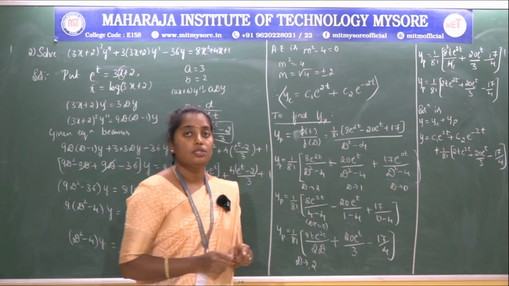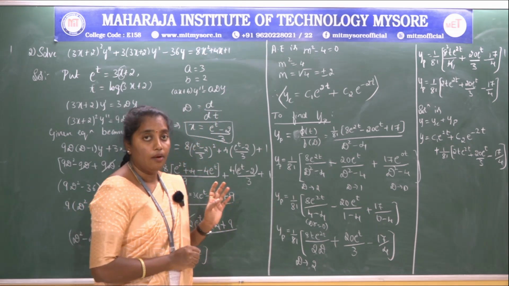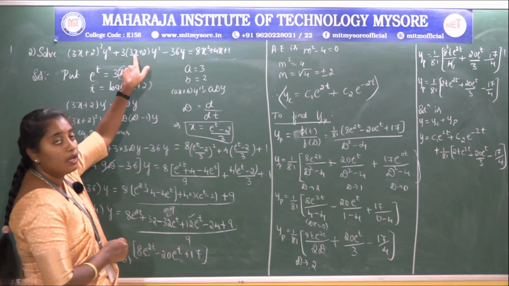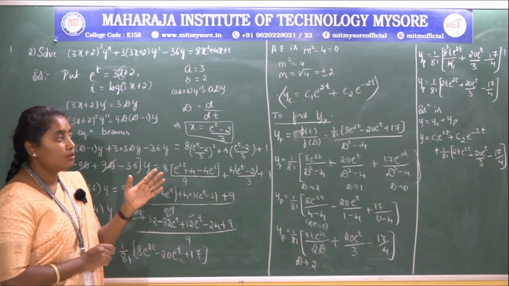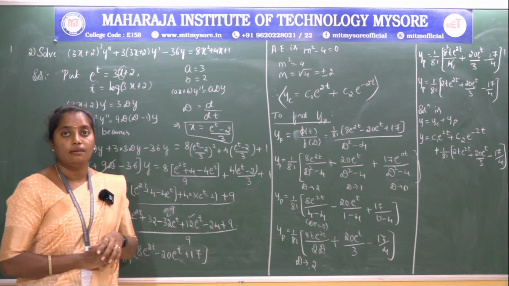So that is the solution in terms of t. But we have to write the solution in terms of x, because x is the given independent variable. That means we have to replace the t variable in terms of x.